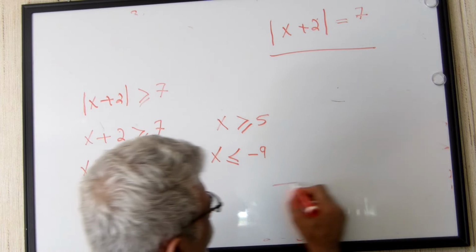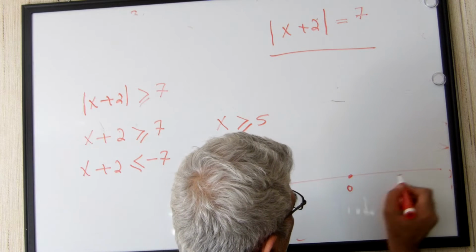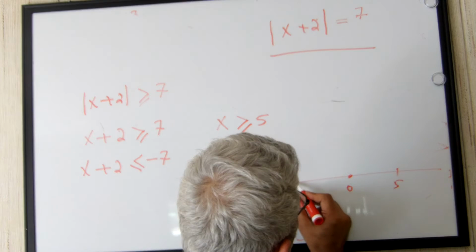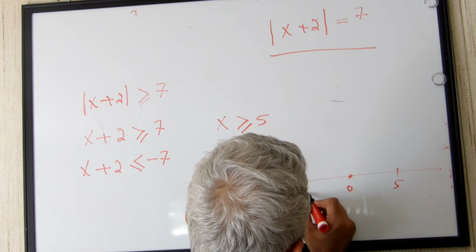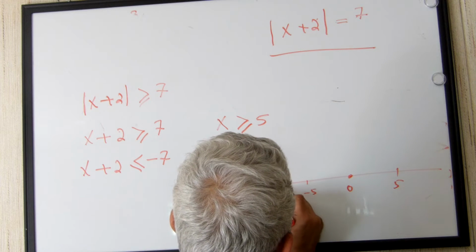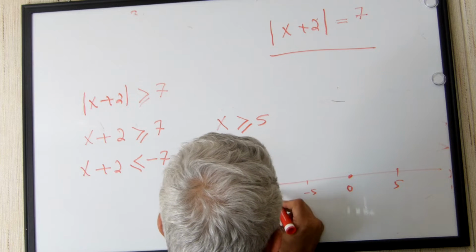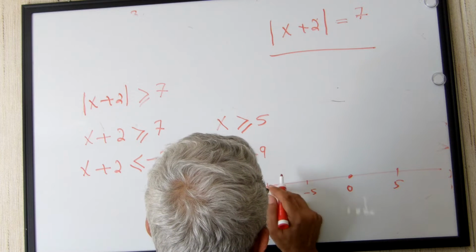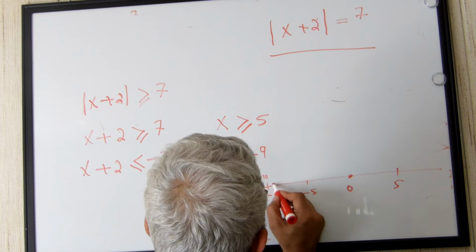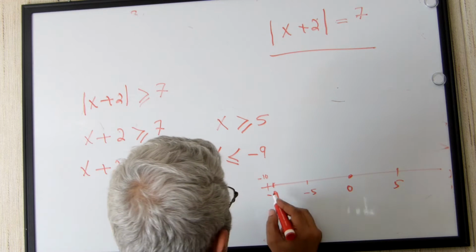Now on this number line, this is 0, this is 5, this is minus 5, and this is minus 9 here, just before minus 10.